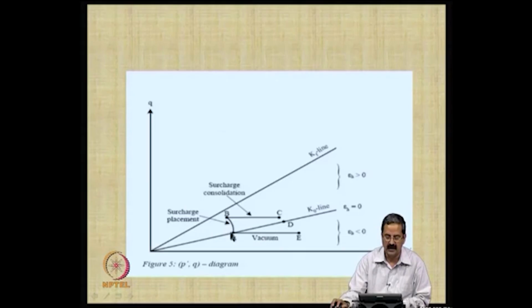The advantage in the regular surcharge consolidation is that we apply a lot of stress, this is what preloading is done, so that it moves away from the failure line, that is fine, that is what we do.